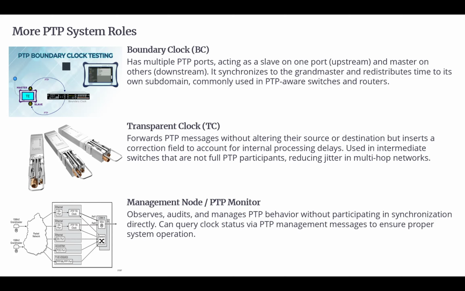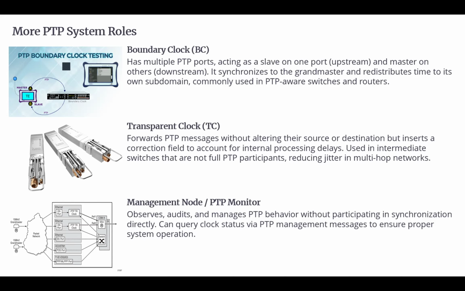Another role that exists is the transparent clock. A transparent clock forwards the PTP messages without any change, but it adds a correction value to account for the time that the message spent inside the device.